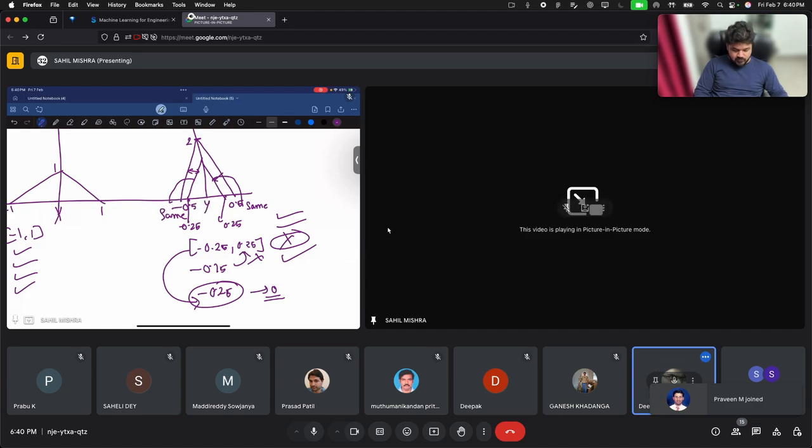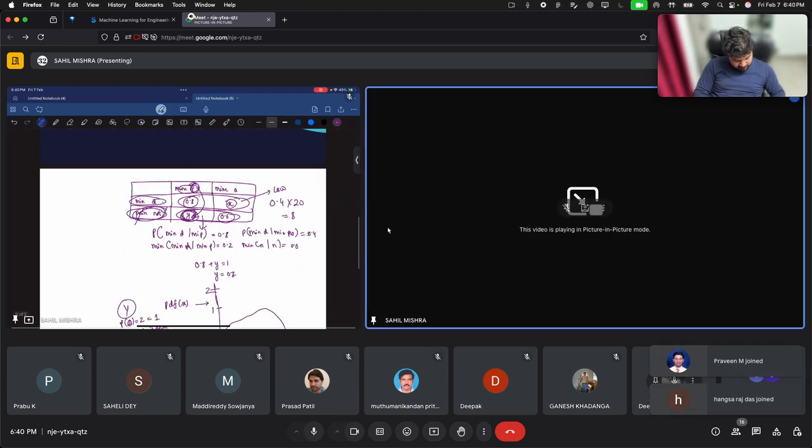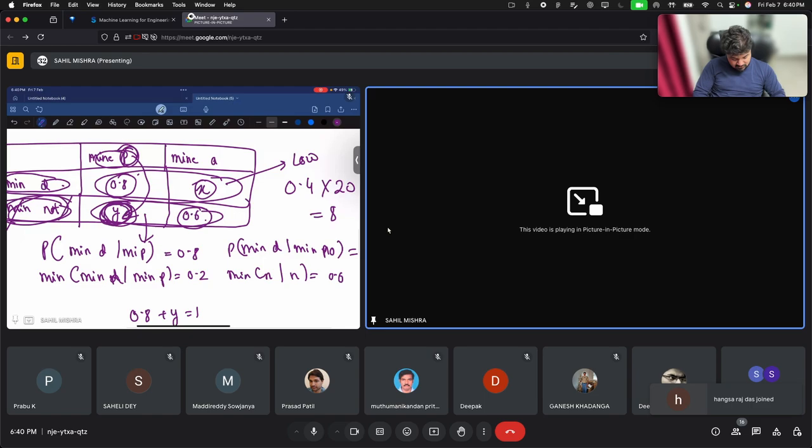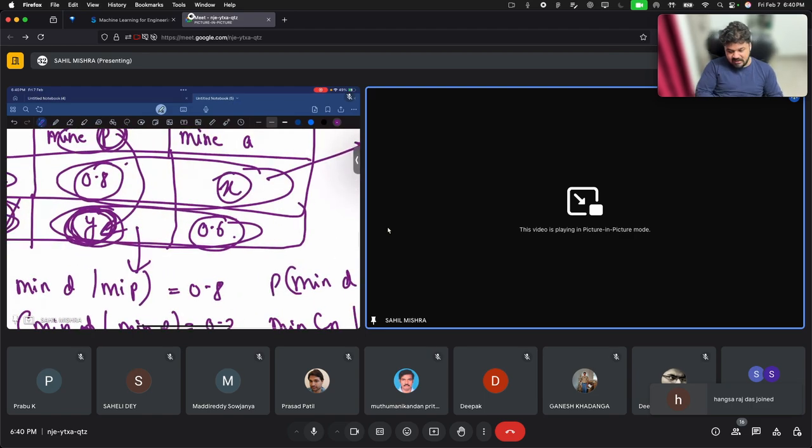Okay. So if you see here, I gave two examples of misclassification. There are two misclassifications, type 1 and type 2, but I forgot which is which, so I'm explaining it this way.